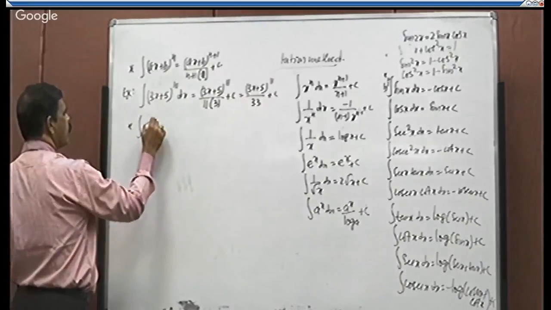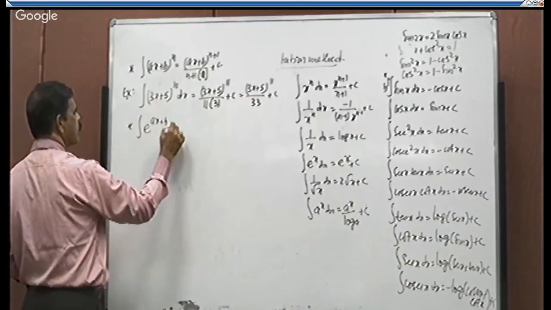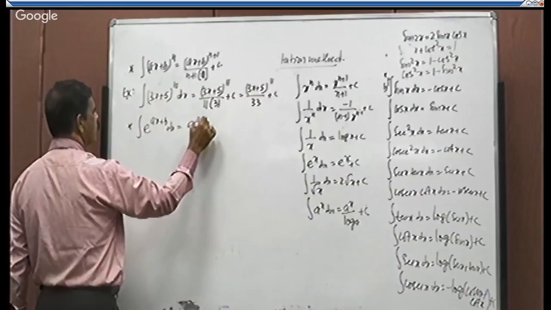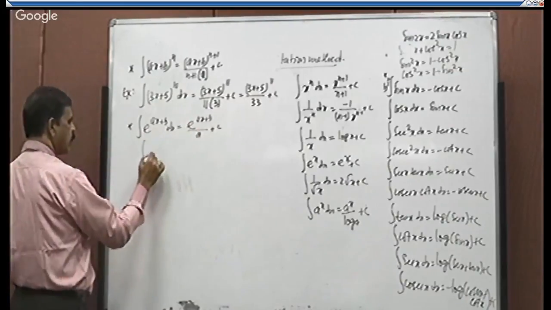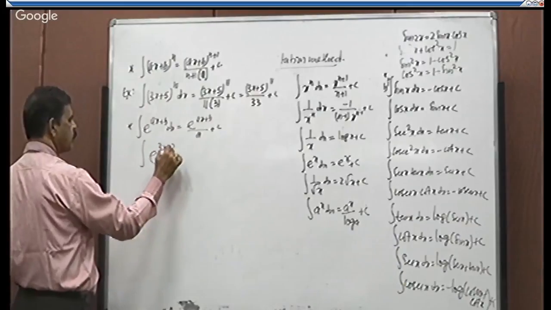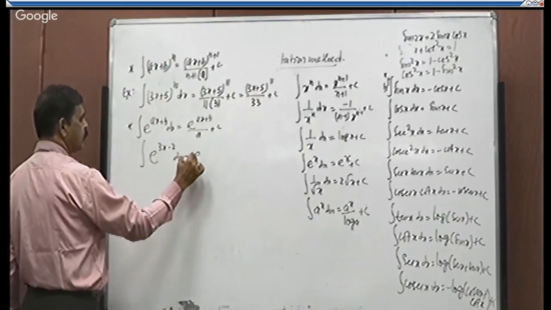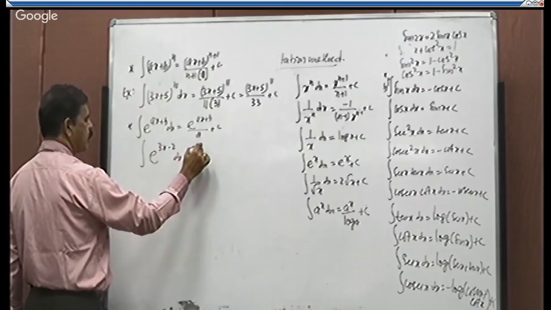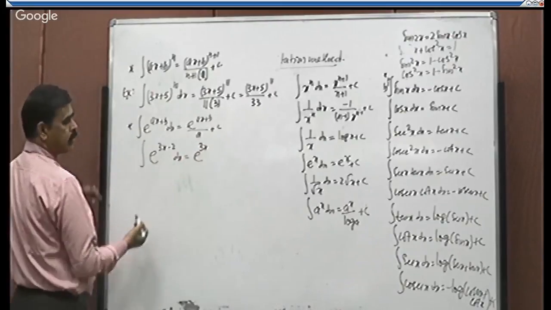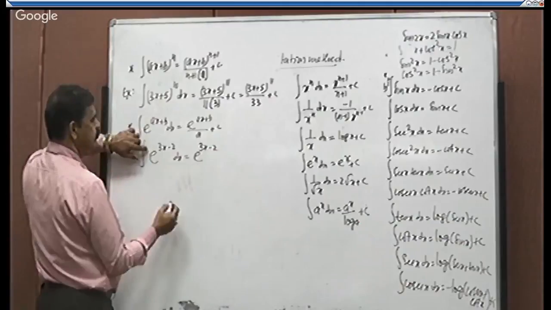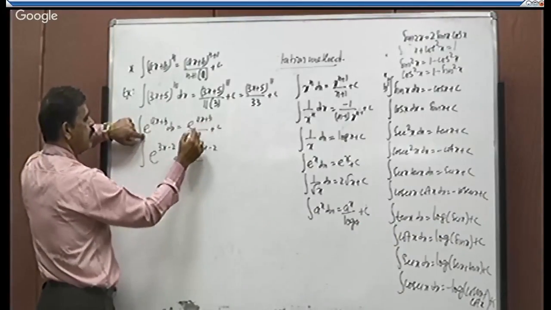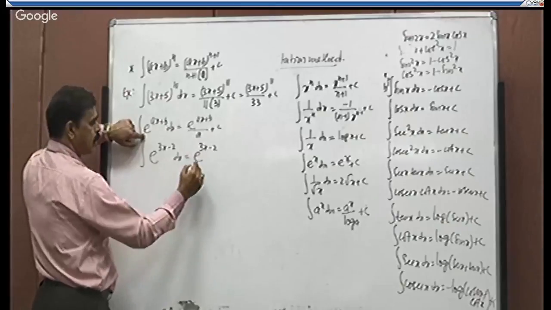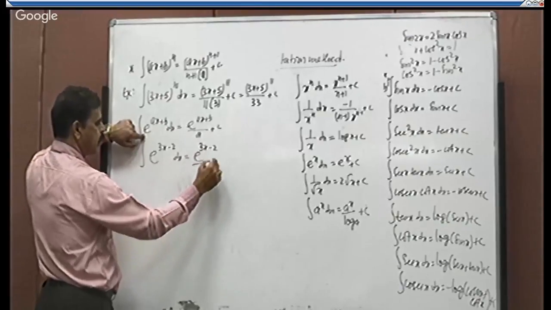Right? Integration of e power ax plus b dx is equal to what? E to the power of ax plus b divided by a, plus c. So according to that, integration of e to the power of 3x minus 2 is one-third e to the power of 3x minus 2, because the integration of e power ax plus b is e power ax plus b divided by the x coefficient.